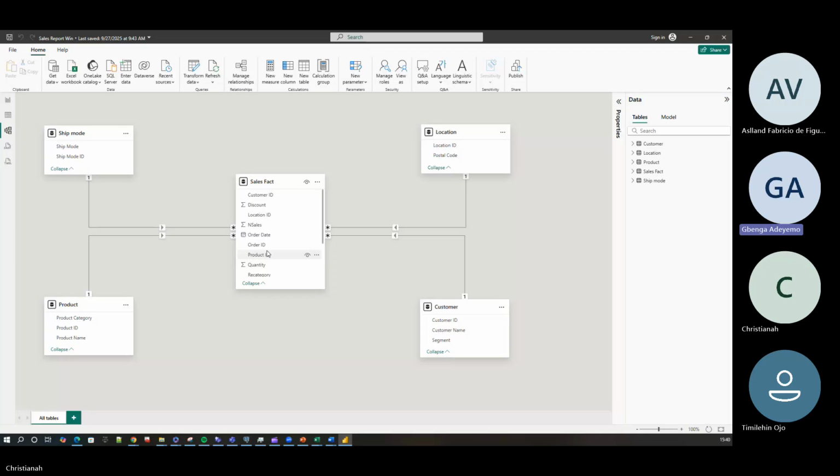As a Power BI analyst or developer, whatever you call the position, we are always after optimizing all of our reports in any way possible. When we say optimizing a report, we mean that when we click on refresh, or when we schedule a refresh for our report, we want the refresh to happen as fast as possible.